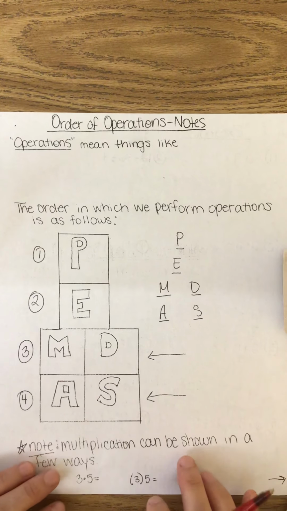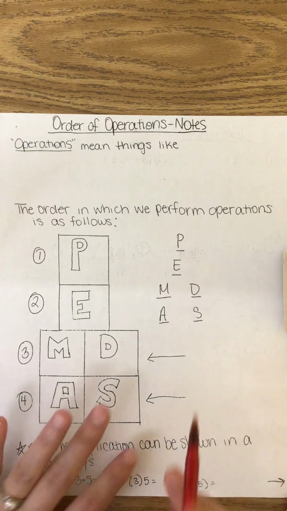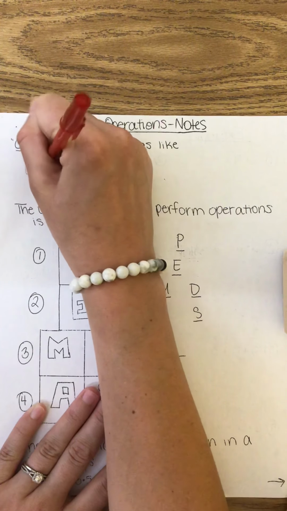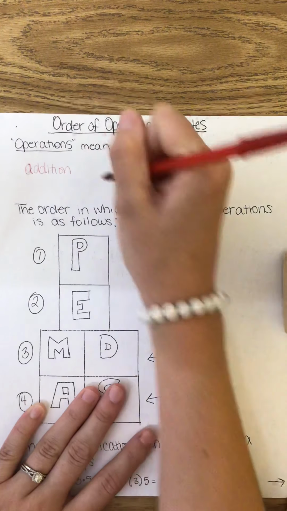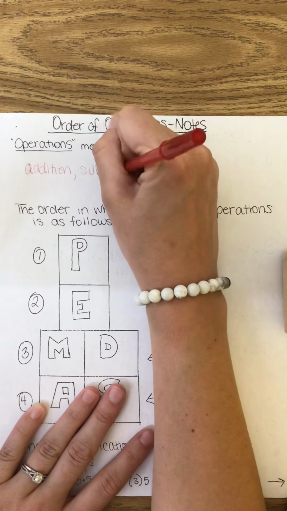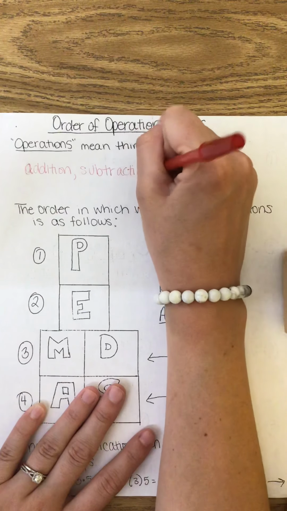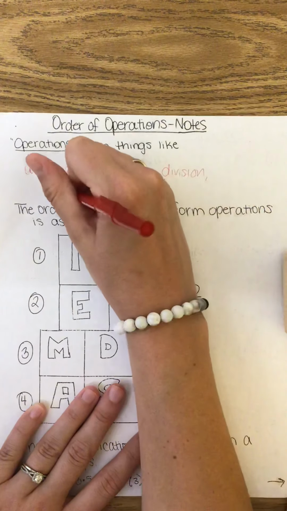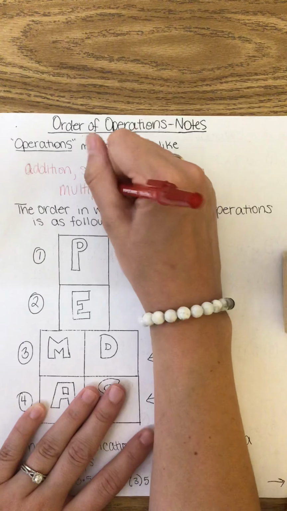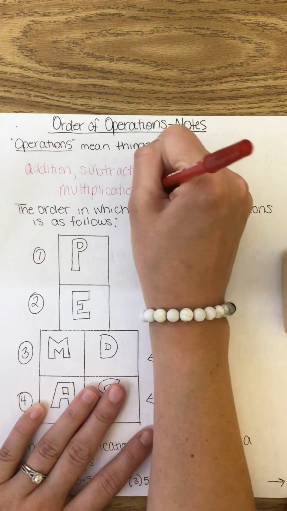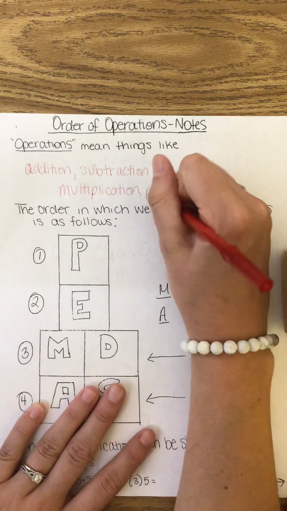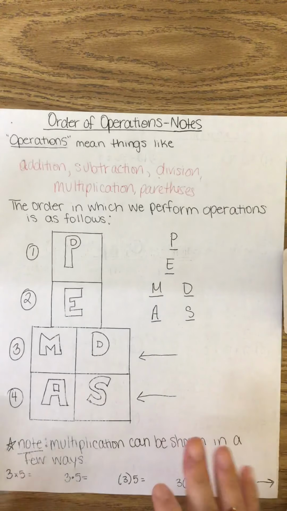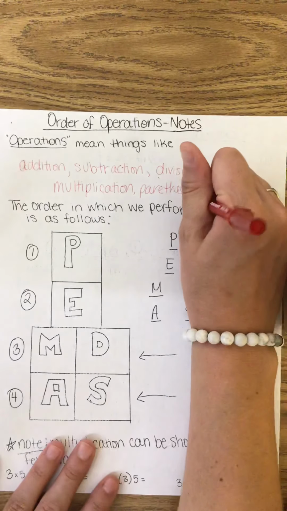So order of operations, your operations are things like addition or subtraction, division, multiplication, parentheses, these and brackets, there are other things that are operations.